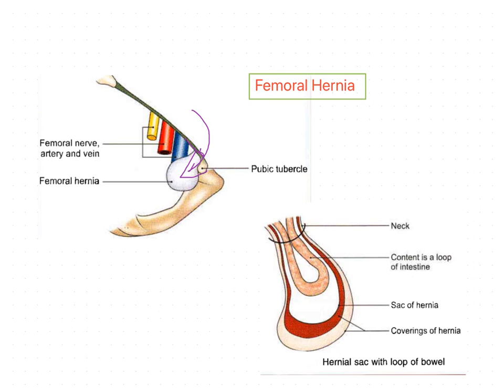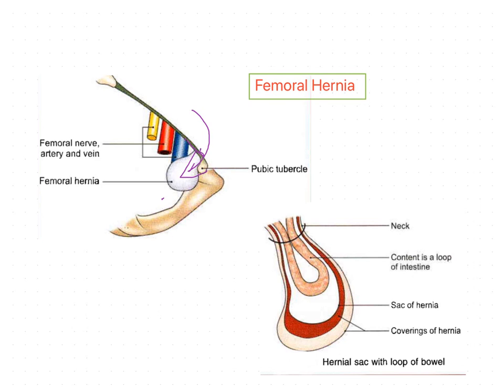A femoral hernia is more common in females because the femoral canal is wider in females than in males. This is associated with a wider pelvis and the smaller size of the femoral vessels in females.